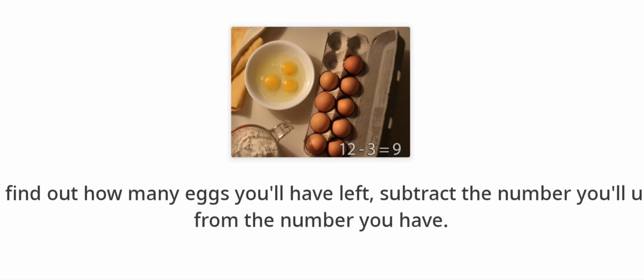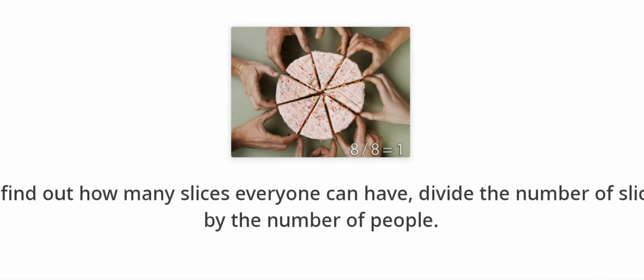To find out how many eggs you'll have left, subtract the number you'll use from the number you have. To find out how many slices everyone can have, divide the number of slices by the number of people.